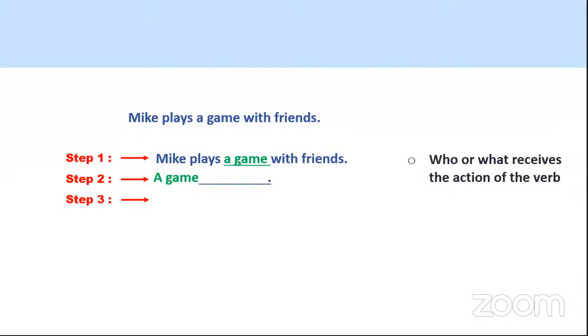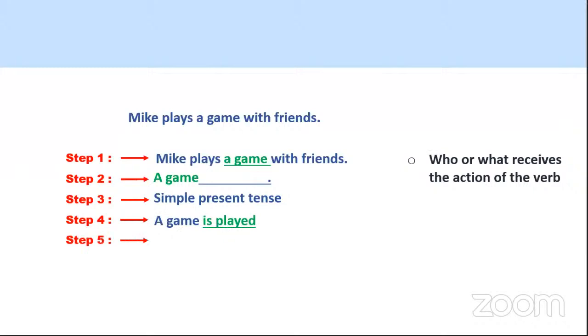Step 3. Then what is it? Identifying the tense of the sentence. It is once again simple present tense. Fourth one, change the verb. A game is played. Step 5, you add the by phrase.